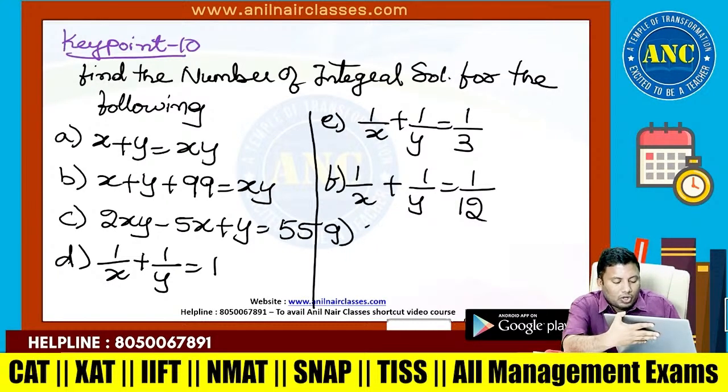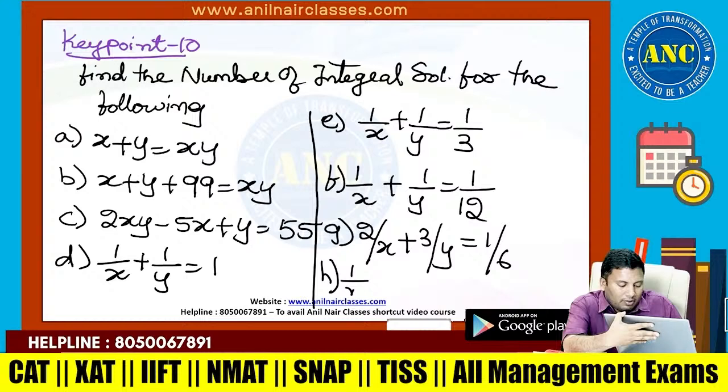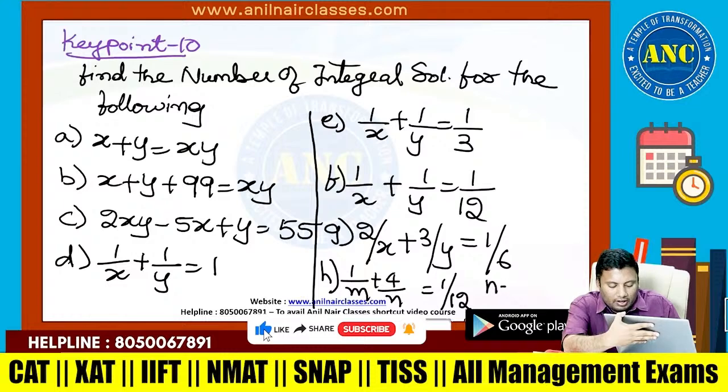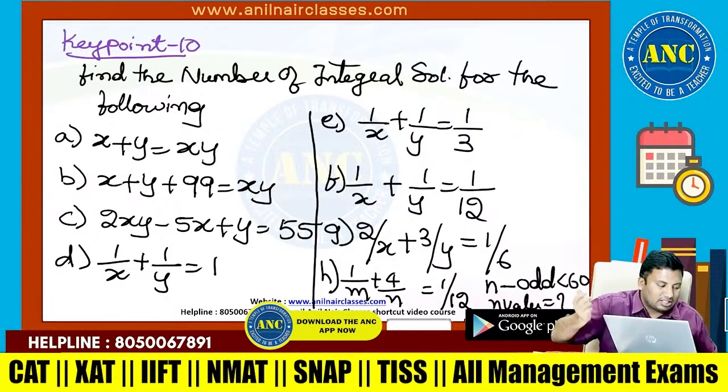G. 2 by x plus 3 by y equivalent to 1 by 6. H. 1 by m plus 4 by n, it is 1 by 12. N is an odd number less than 60. How many values n can take? Write down these 8 questions.